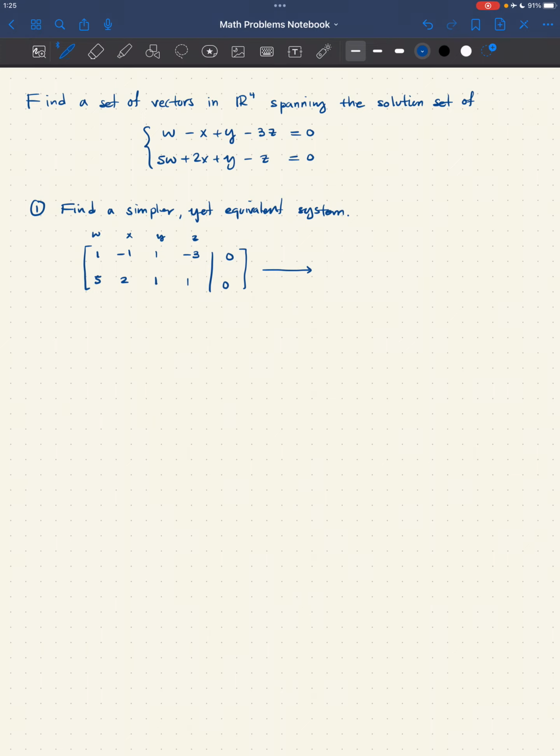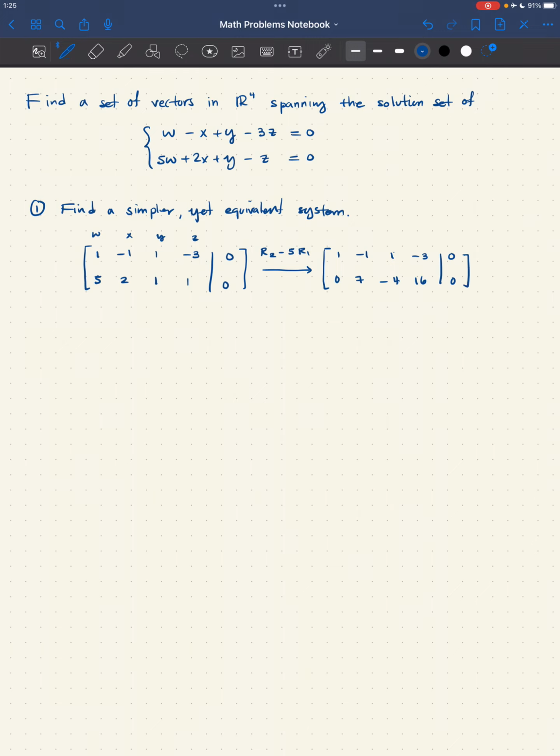We already have a pivot, so we can use the regular Gaussian elimination process. So we have R2, we subtract 5 times row number 1, and thus obtain the following matrix: 1, negative 1, 1, negative 3, 0, 0, 7, negative 4, 16, 0.